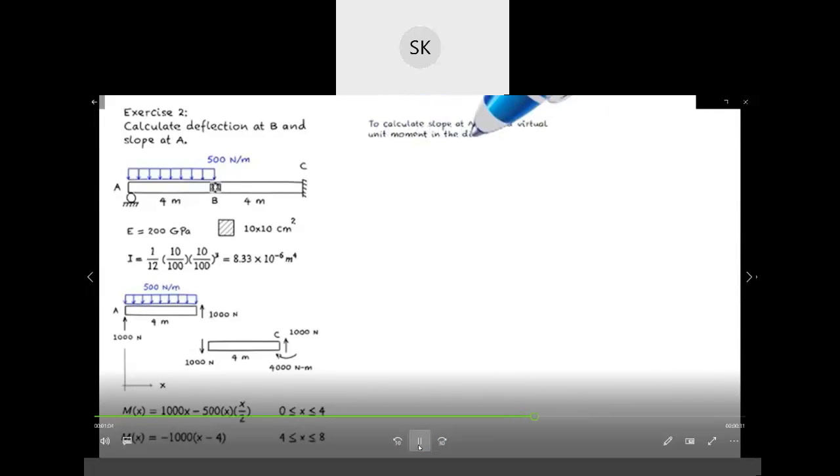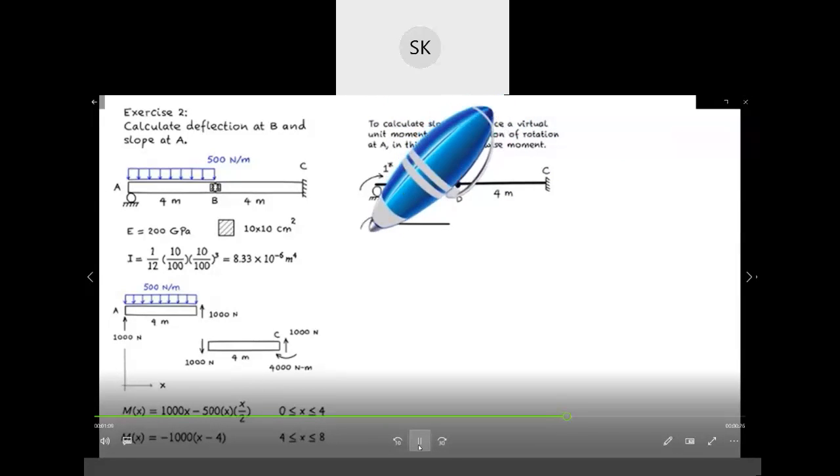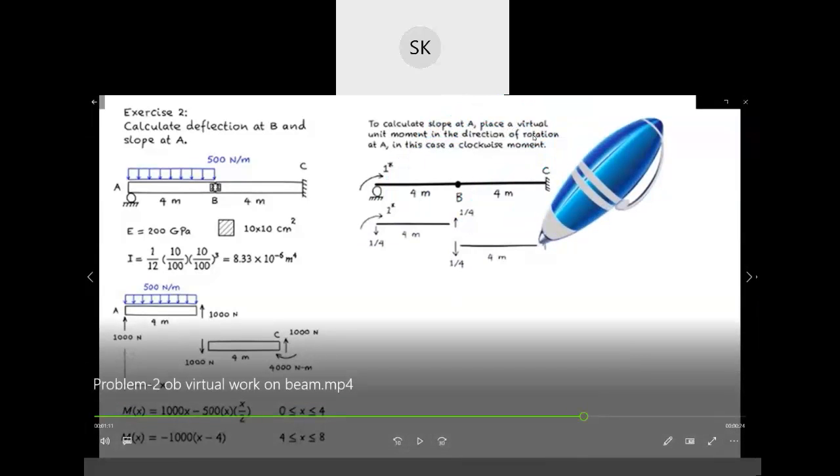Now let's move to the slope. To find the slope, we place a virtual unit moment in the direction of rotation. For the displacement we provide a virtual load, and to find the slope we provide a virtual unit moment in the direction of rotation at A. As this hinge will go downward, I am applying a moment in the opposite direction.